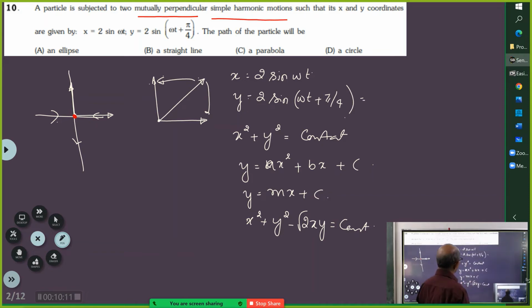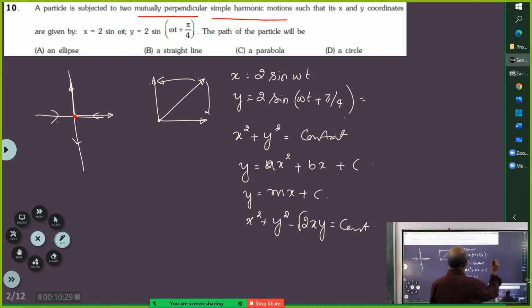If you open this up, we are going to get x square plus y square minus root 2 xy equal to 2. If you open this, sin omega t, sin a plus b is sin a cos b plus cos a sin b, right?